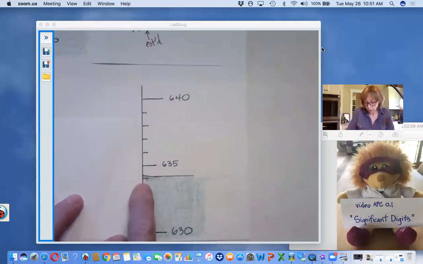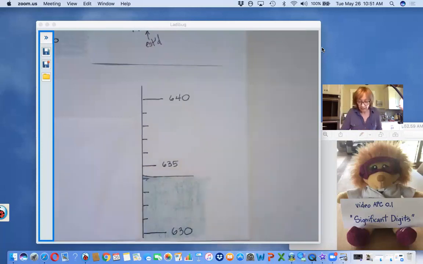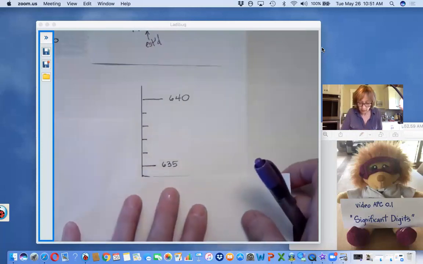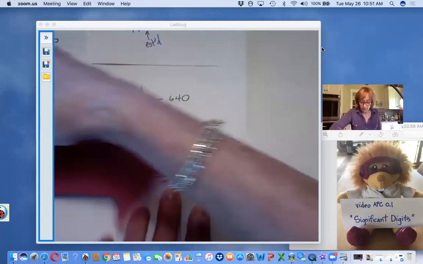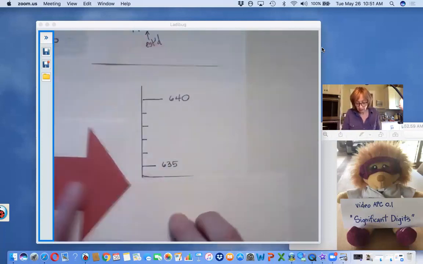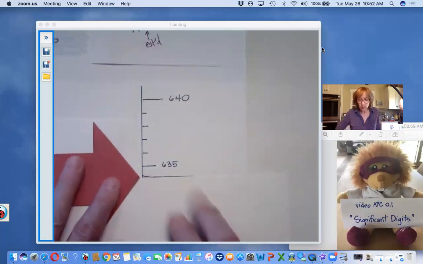In this case, we are all certain that the meniscus is above the 634 line, but not to the 635. Again, I'm reading at the bottom of the meniscus, and I'm going to put my arrow right here.